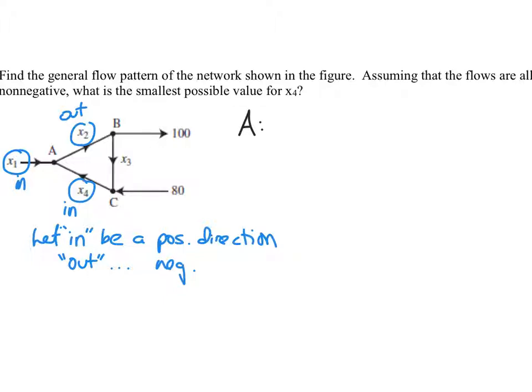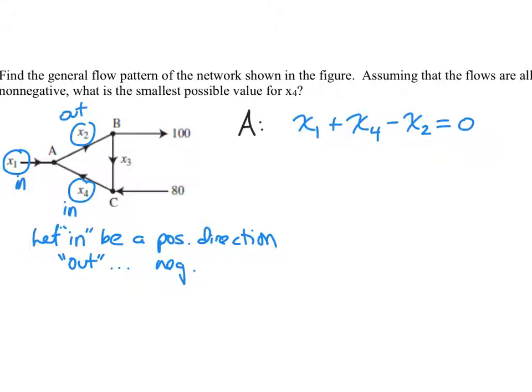All right, so at A, because it's an equilibrium, it's got to be a zero sum. I'm going to have x1 plus x4, I'll do my ins first, minus x2 is equal to 0. x2 is out, that's why it's negative.